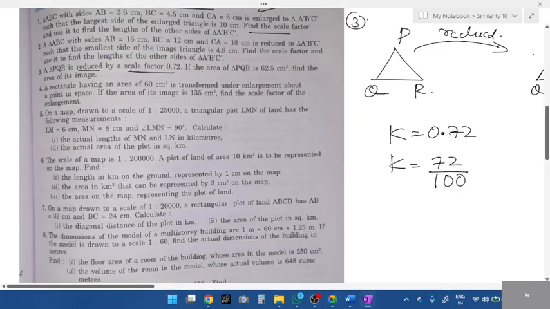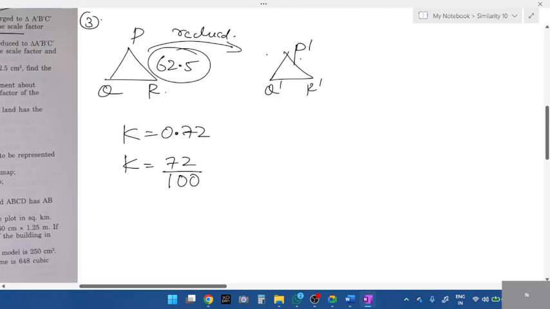What is area given, students? Area of PQR is how much? What is the area of this? 62.5. Find the area of its image. Which is the area of the image? This one, right? Area, what's the formula, students? All of you tell me the formula.